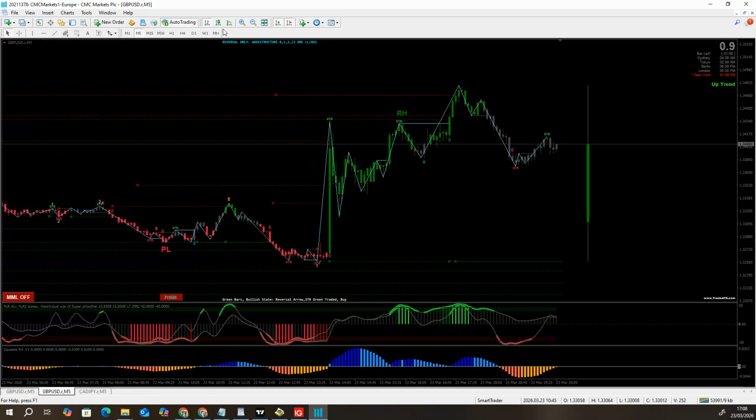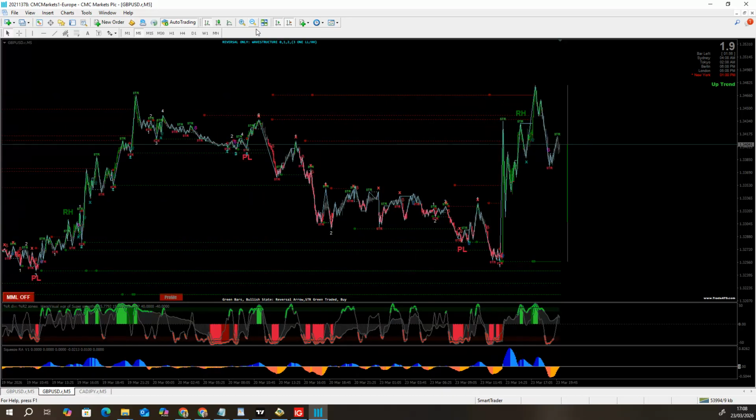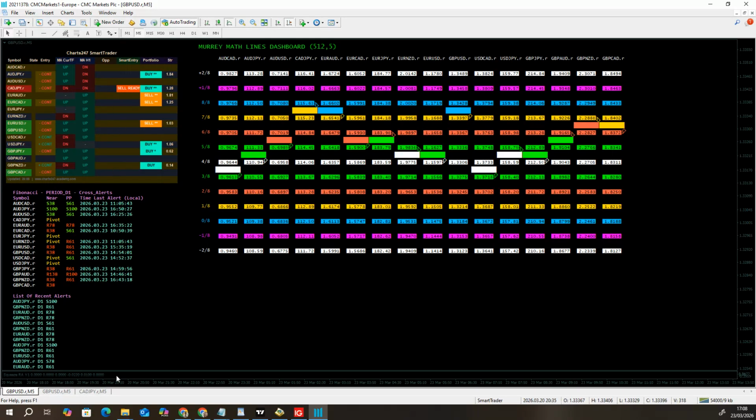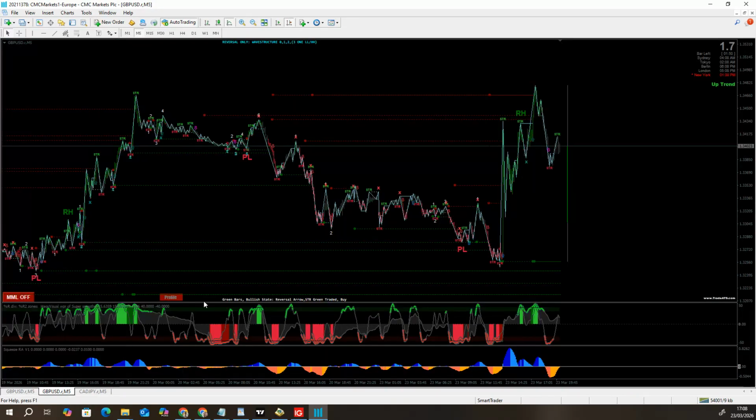So what we have is the smart trader. I've removed the screener, but I'm trading the pound dollar. We want to know if it's reversal only. So we've got the primary settings on. These settings on the smart trader only monitor the trend direction or the market states.